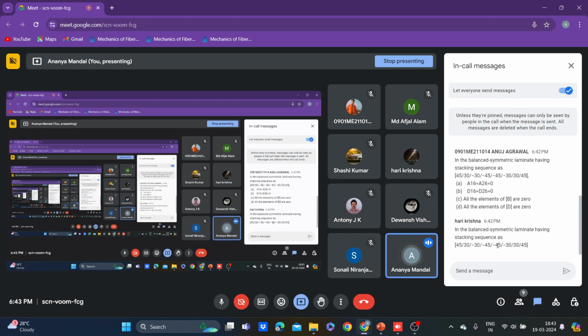So in this question which you showed, A16, A26 will be equal to 0 and the B matrix will be equal to 0. Ma'am, but in the answer they have shown both options: A16 will be 0, then B matrix also 0.